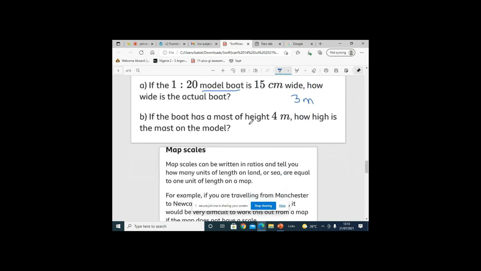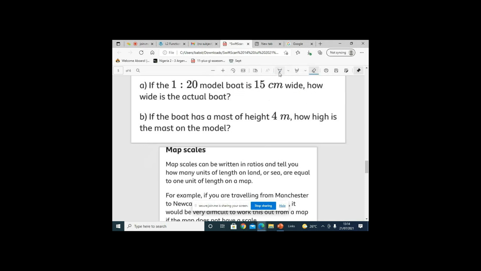Now, if the boat mast is 4 meters high, what is it on the model? What they're saying here is that in real life, the boat is 4 meters high.